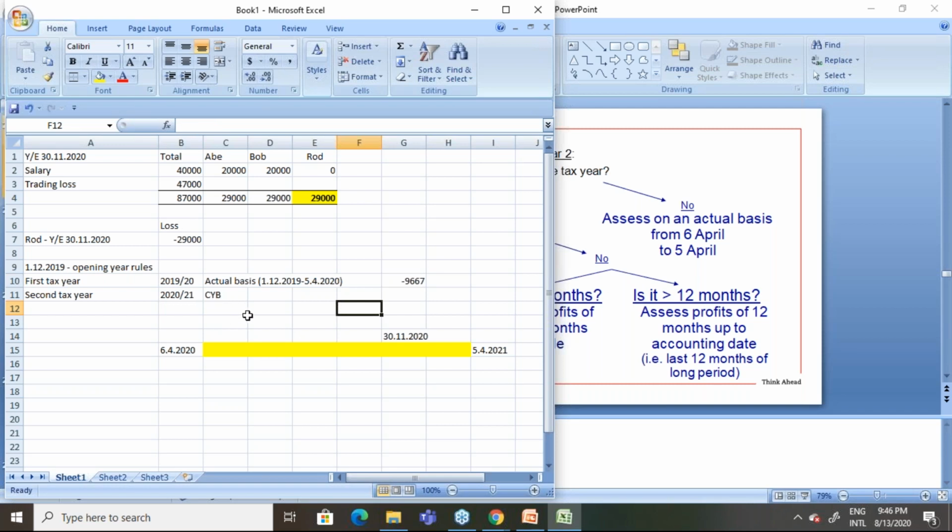And then again, in the next tax year, we have to take the full amount, 29,000. So if you take 29,000 here, the 9,667 is already included. Therefore, this will result in an overlap profit of 9,667. That means on the same profit of 9,667, you are paying tax twice.